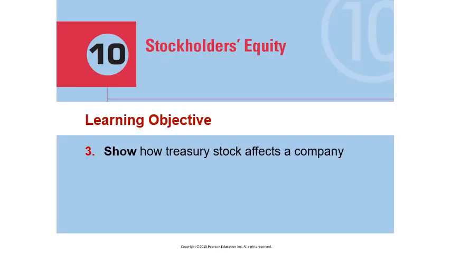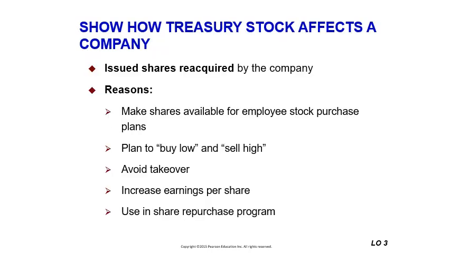When a company buys back its shares, we call that treasury stock. Issued shares are reacquired by the company. What are the reasons? One reason is to make shares available for employee stock purchases.